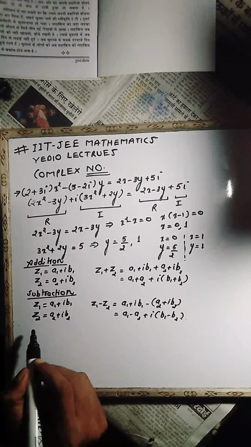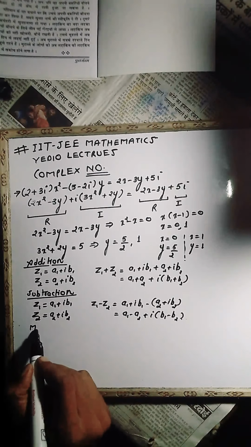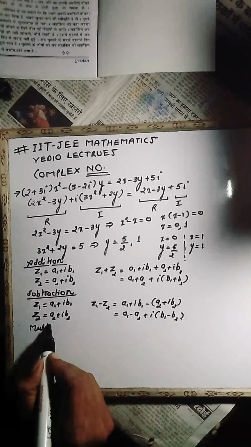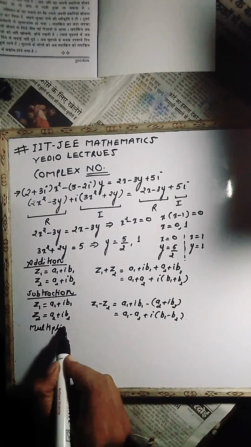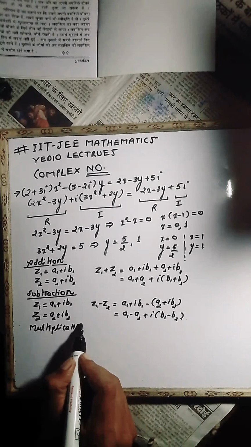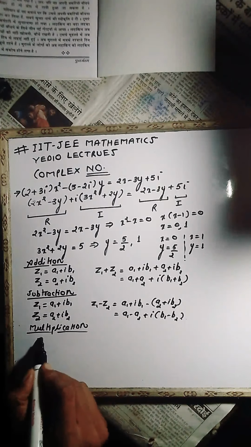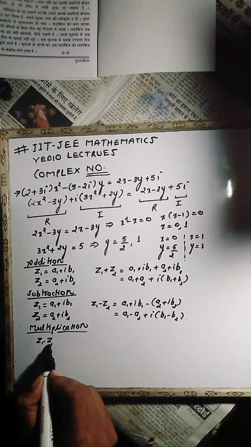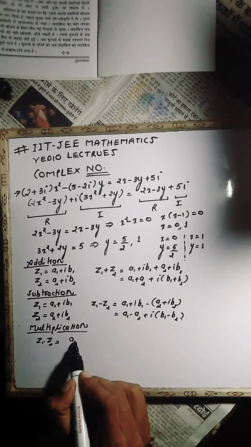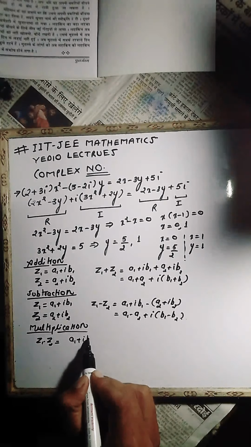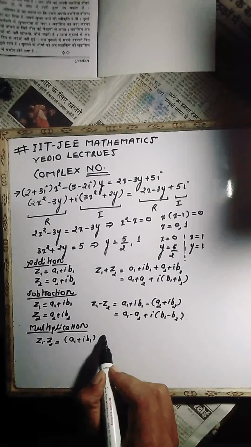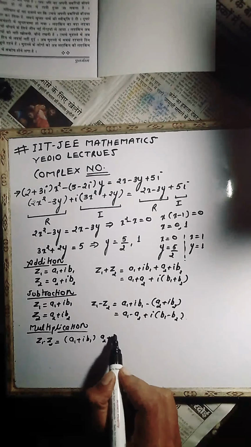So now the next is multiplication. So z1 into z2 equals (a1 plus ib1) times (a2 plus ib2).